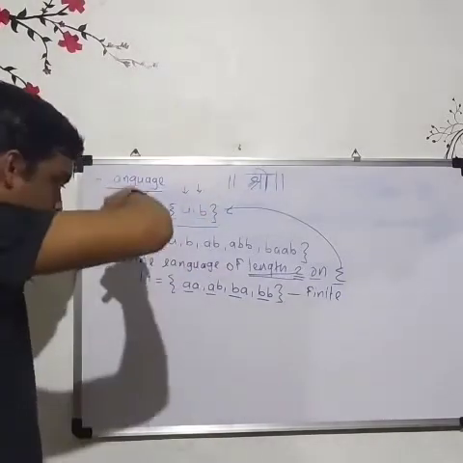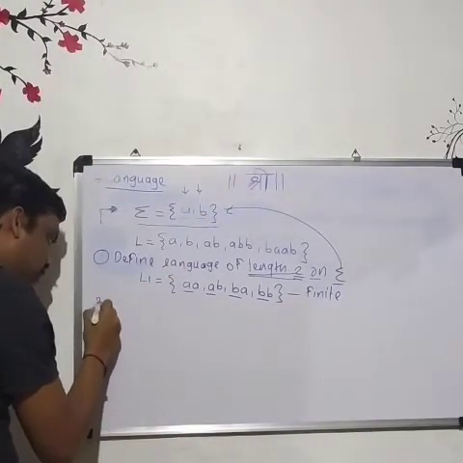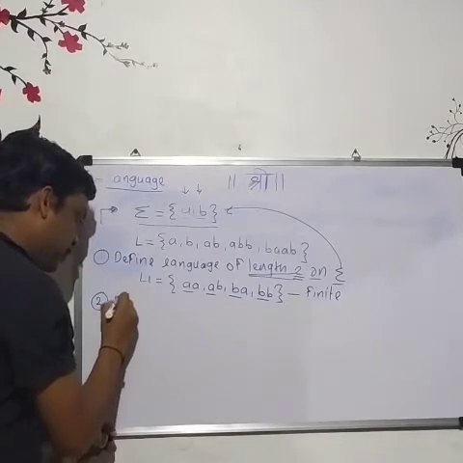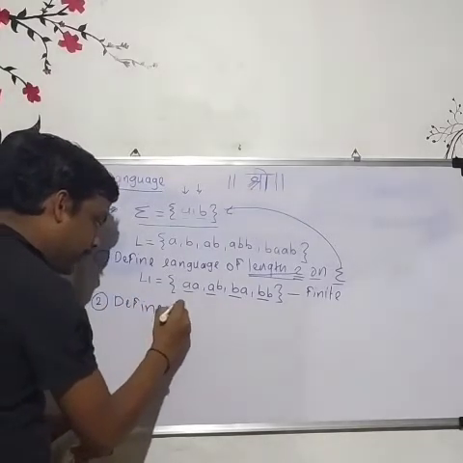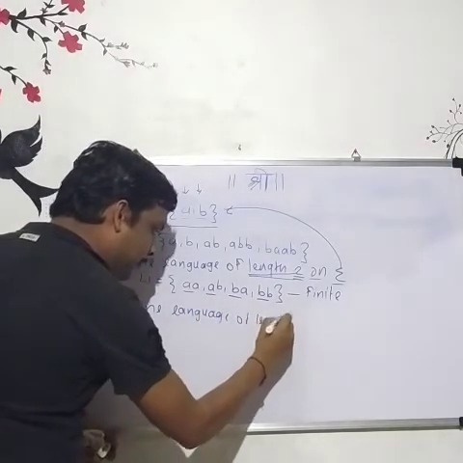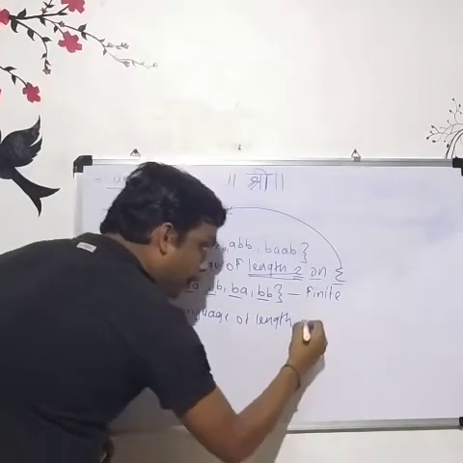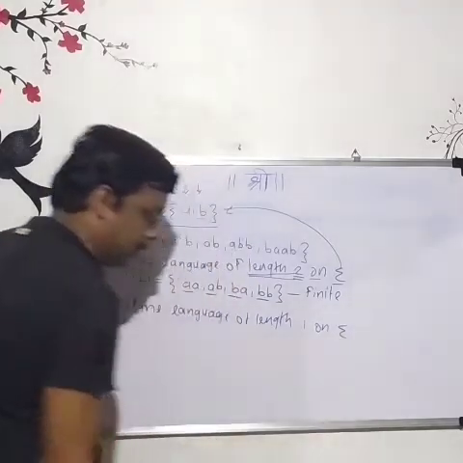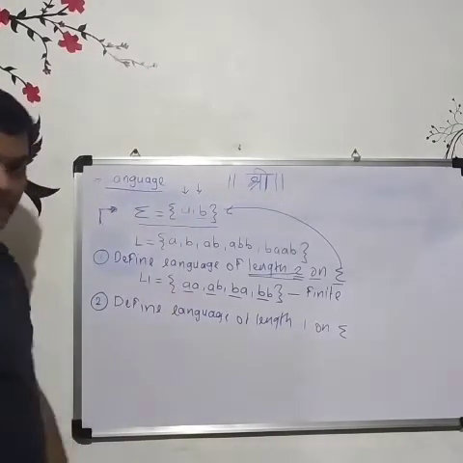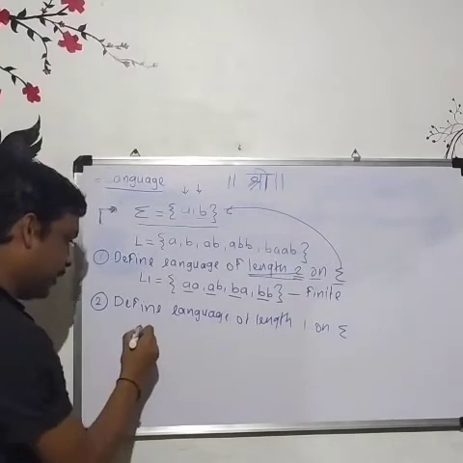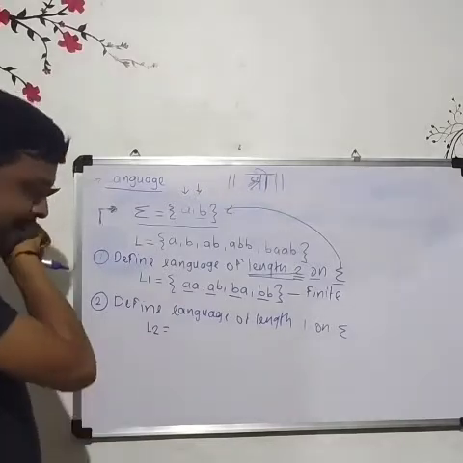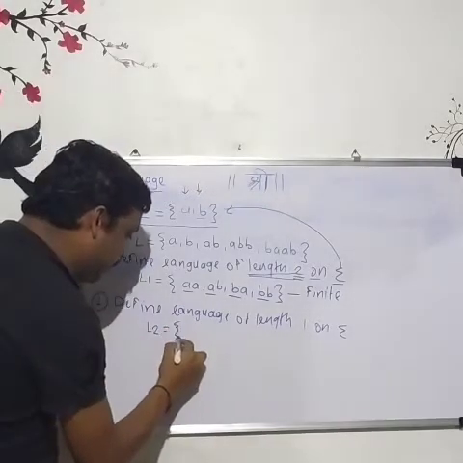If we take one more example, suppose again a question is given: define a language of length 1 on alphabet sigma, where sigma, let us assume, is the same, which contains 2 symbols in it, A and B. If this is the question, then let us denote that particular language by L2. Now how many elements can we place in that language?